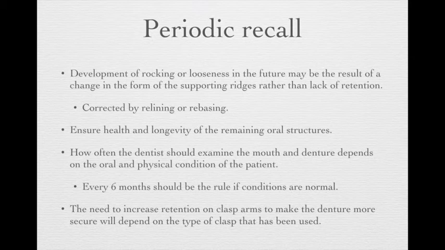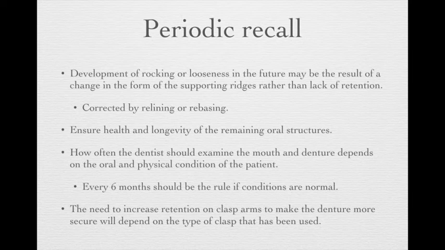Also, the periodic recall can ensure the health and longevity of the remaining oral structures, especially for natural dentition. Some patients might ask you how often they should have a periodic recall. The most common answer is 6 months. They also need to be notified that the clasp might get loose in the future, and they might need some adjustment to recreate the retention from the clasp.